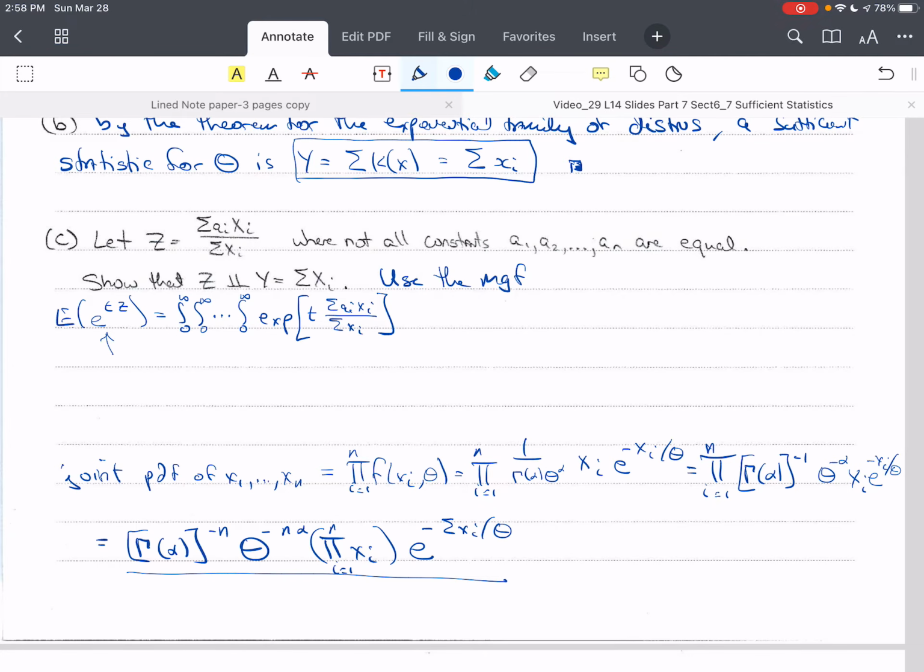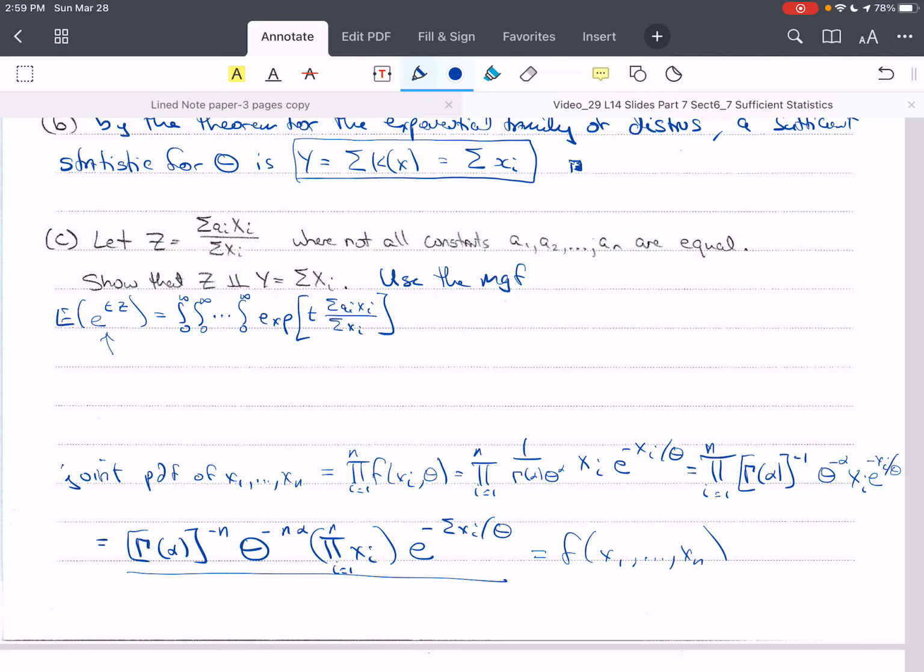So this joint PDF is what we're going to put in next, because the expected value of e to the tZ is going to be e to the tZ times f of x sub i, f of x_1 to x_n.